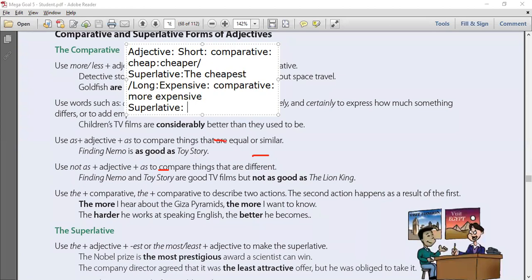Most. Yes, the most expensive. So I'm going to add the most, not going to add est. Okay. The common thing between superlative form in a short and in a long adjective is that you have to add the before you mention the adjective. Okay.